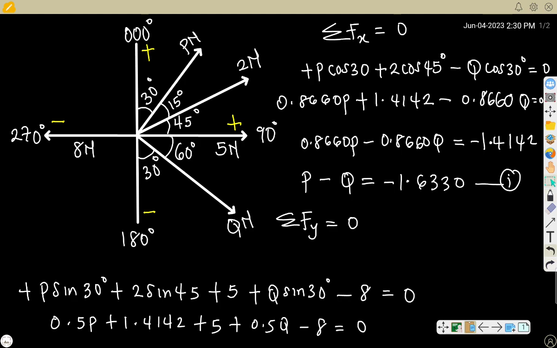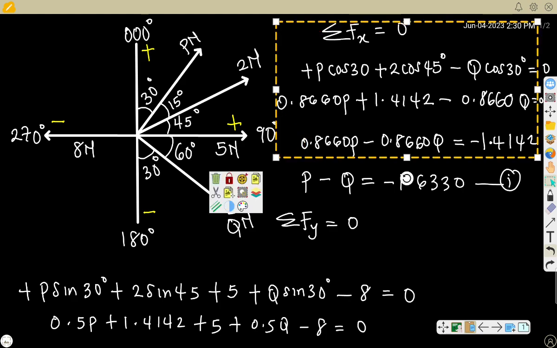I can remove this diagram now, because we can actually solve the simultaneous equations and get P and Q. Okay, let me leave the diagram. Let me clear this. So you have to jot this.